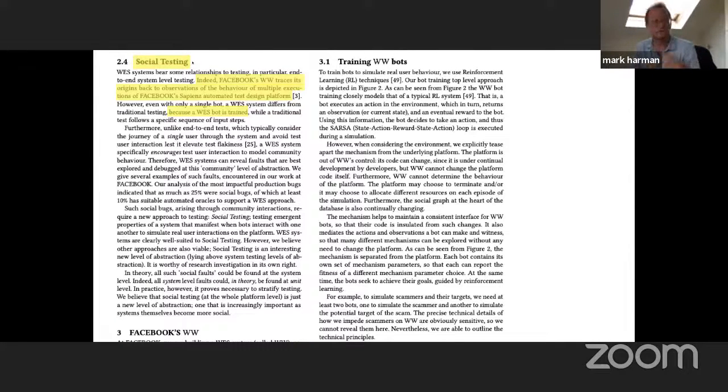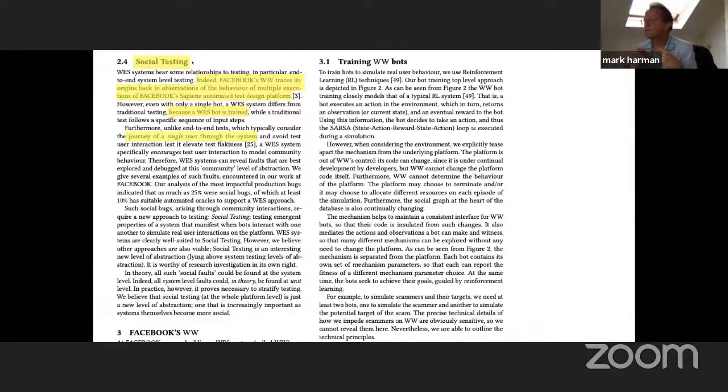So we're not necessarily just interested in finding faults in a platform that might affect that interaction between users, but ways in which the users might harm each other by those interactions and how we could possibly improve the underlying platform to make that less likely to happen.